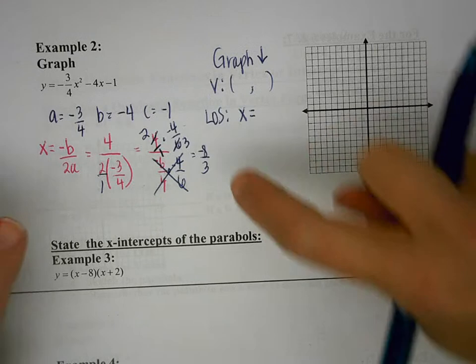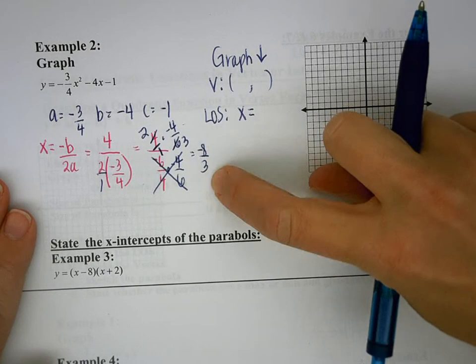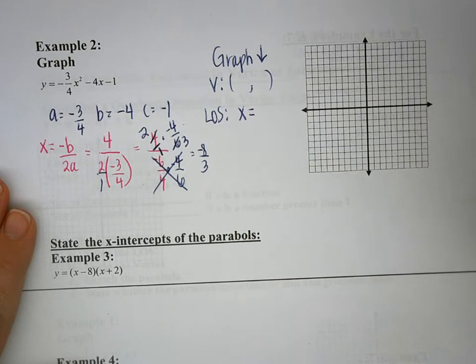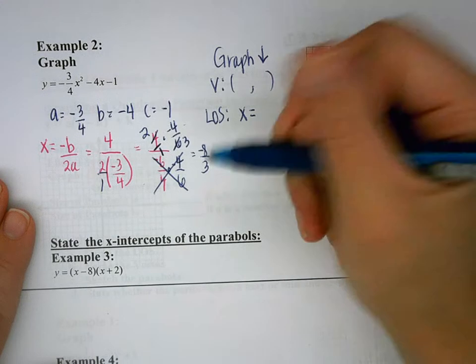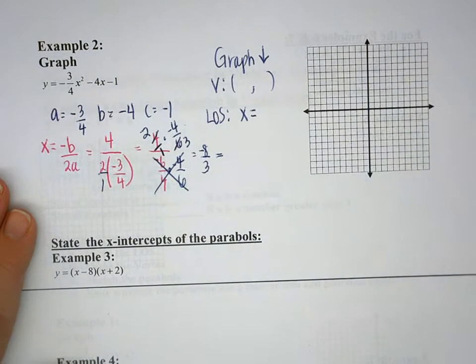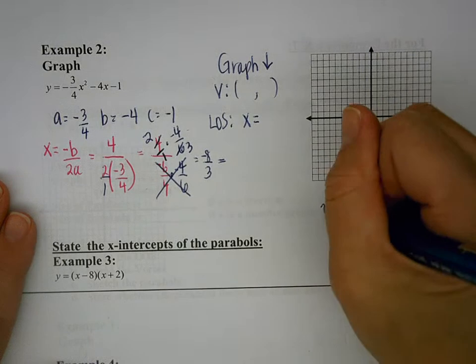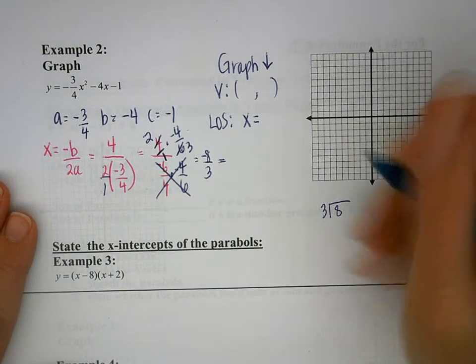Okay, so if you're plotting this point, it's best to change this to a mixed number. So how do I change negative 8 over 3 to a mixed number? You're basically dividing 3 into 8. If you need to write it out as a division problem, you can. 3 goes into 8 how many times? 2 times.